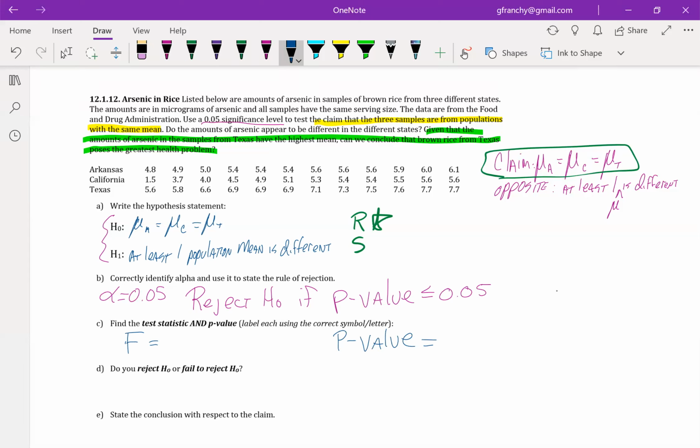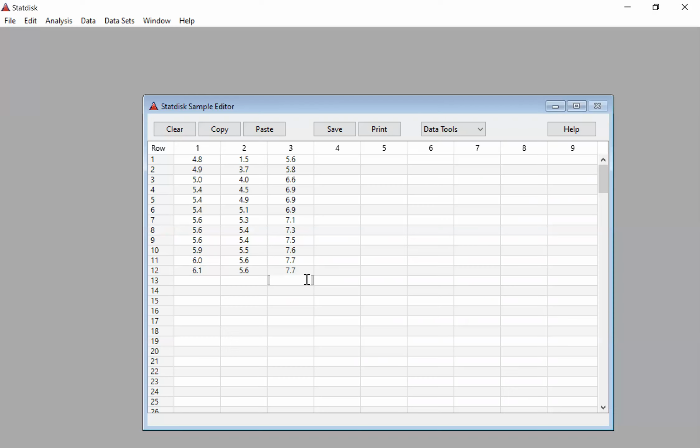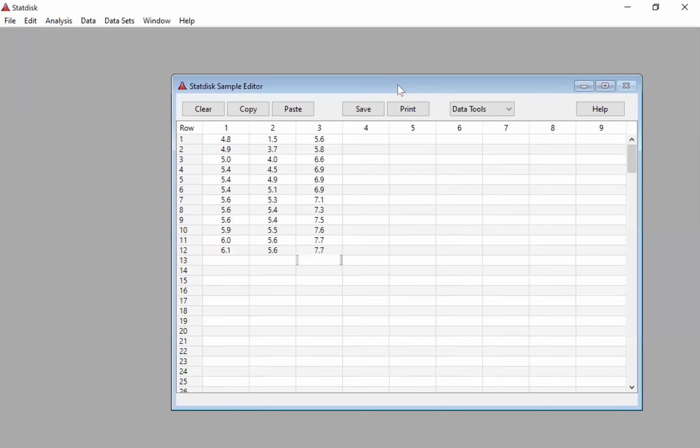And for that, we're going to have to go over to StatDisk. I typed the data in ahead of time. I will mention that when we enter data into StatDisk, it has to be column oriented.